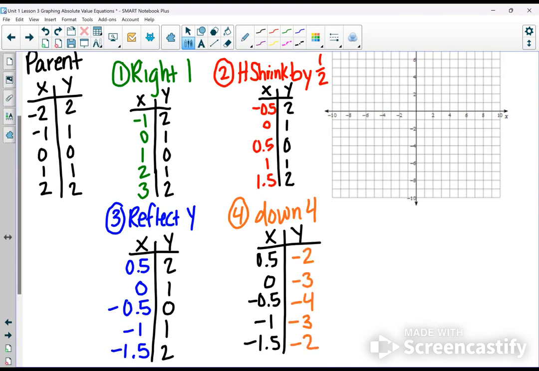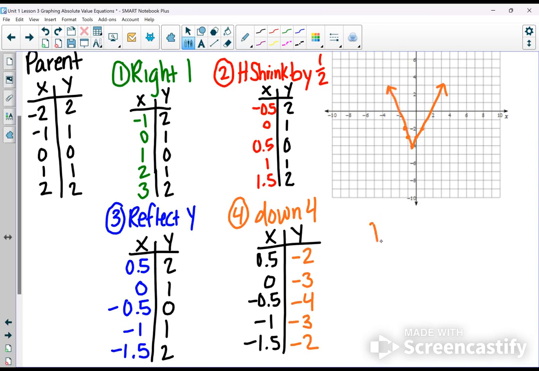Once you've performed your last transformation, this is the table that you're going to put on your graph. So the coordinate points I'm putting on my graph are 1/2, -2; 0, 3; -1, -3; and -1.5, -2. We then connect those to make our absolute value v.